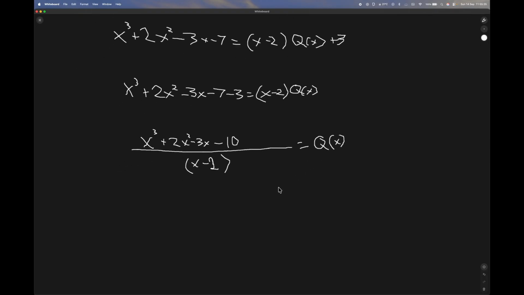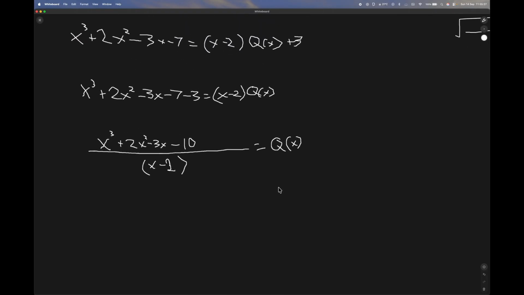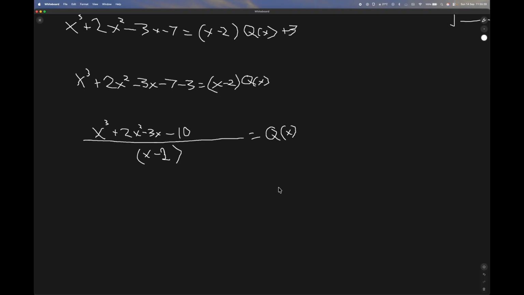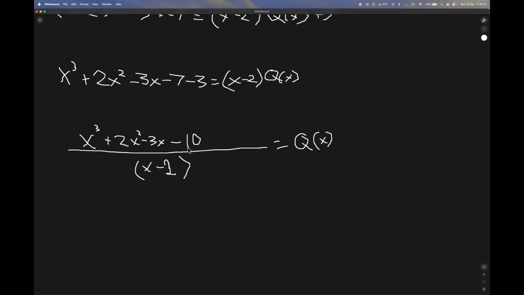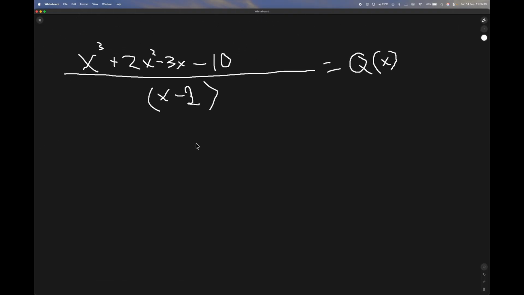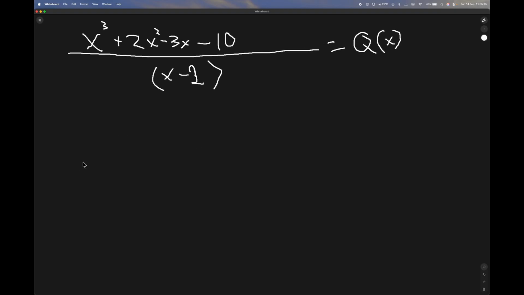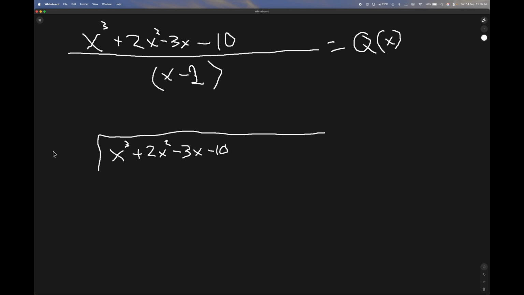Now, let's do some polynomial long division. I'm going to zoom in a bit. We got our x to the 3 plus 2x squared minus 3x minus 10 over x minus 2.